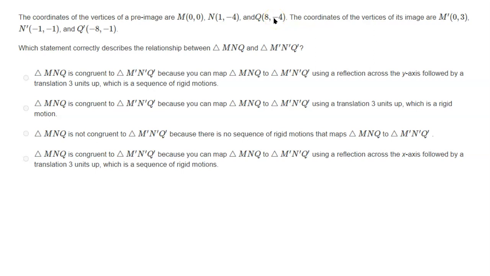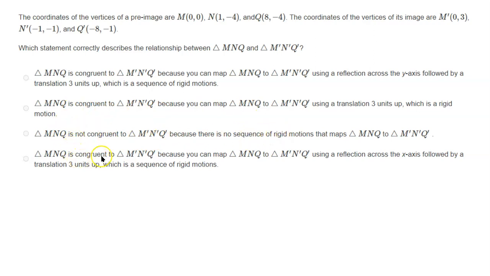Which statements correctly describe the relationship between triangle MNQ and M prime N prime Q prime? Triangle MNQ is congruent because it's a reflection across the y-axis followed by a translation 3 units up, or they're congruent using a translation 3 units up, or they're not congruent because there's no sequence of rigid motion.